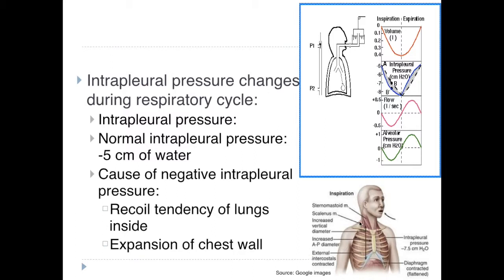These two factors, recoil tendency of lungs and surface tension, oppose the thoracic cage recoil tendency, which helps to expand the thoracic cage. Because of these opposite direction factors, thoracic cage recoil tendency being outward and lung recoil tendency being inward, the intrapleural pressure is negative.